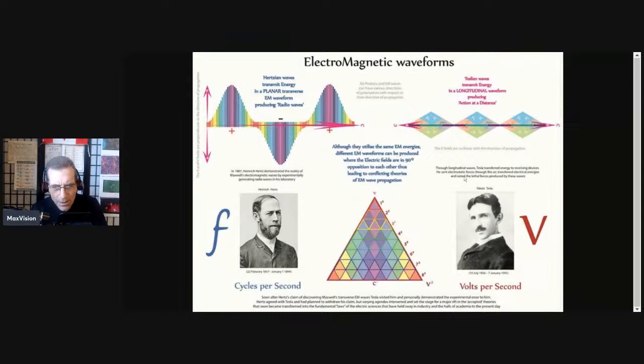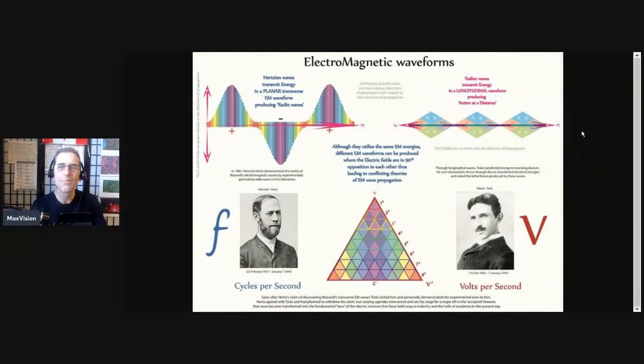He sent electrostatic forces through the air, transferred electrical energies, and noted the lethal forces produced by these waves.